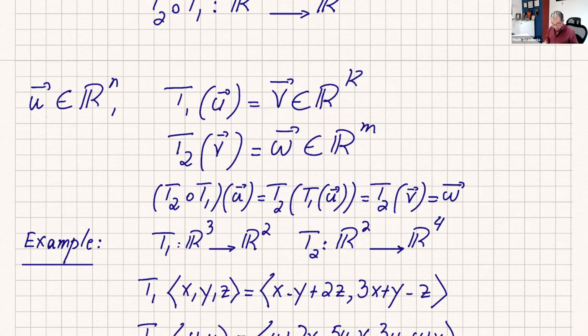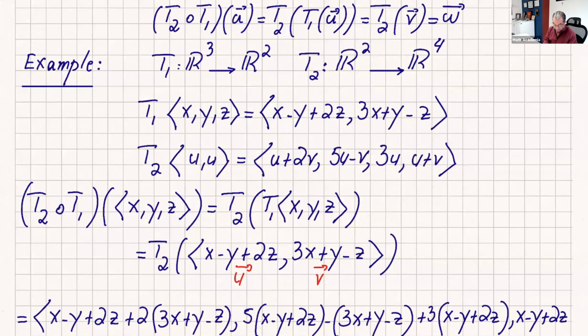Let's do an example. We have a transformation going from R3 to R2, and the second one goes from R2 to R4. We first double check these two are the same. So the first transformation is T1 of x, y, z, and that goes in R2. These are the components. And the second transformation is T2 of u and v.